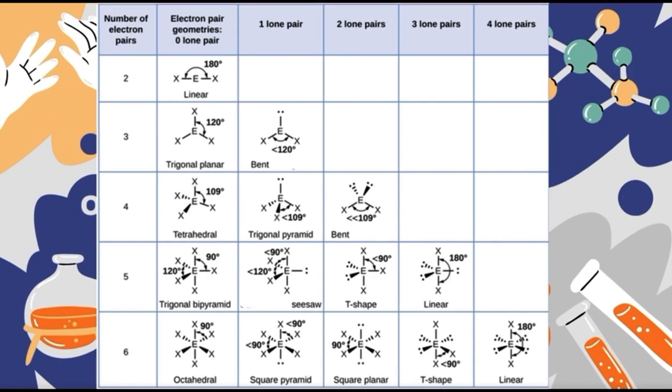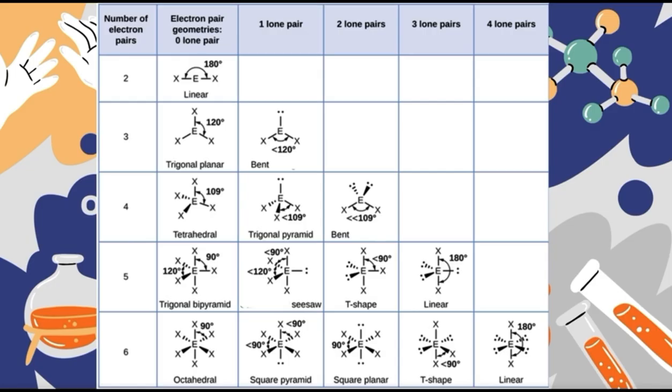So now let's take a look at this table. This table is the molecular shape of the atom according to the number of electron pairs. As mentioned before, when the number of lone pairs is 0, the shape is equal to the basic shape. And there are 5 basic shapes: linear, trigonal planar, tetrahedral, trigonal bipyramidal, and octahedral. Each shape has its specific angle.